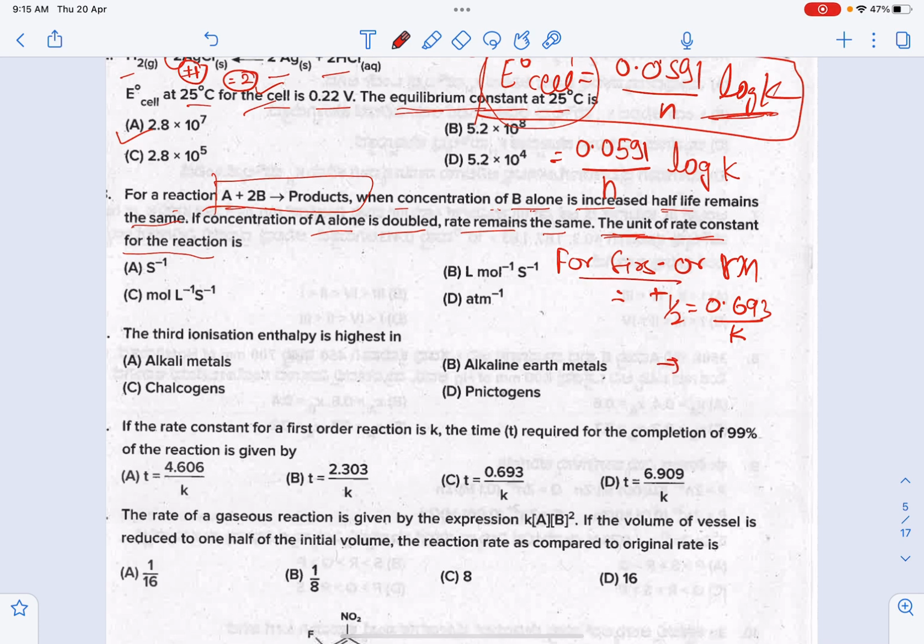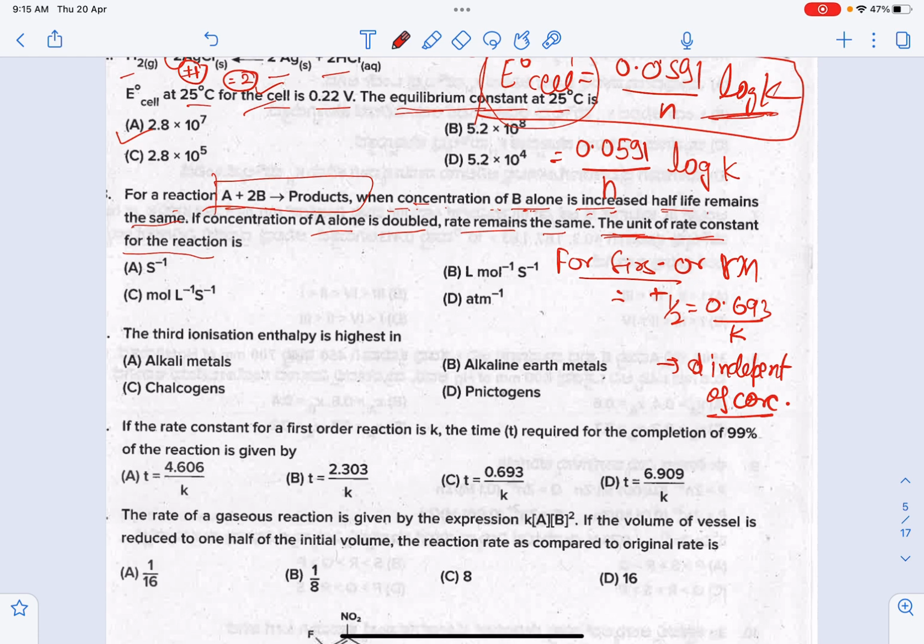That means a first order reaction is independent of the concentration. That means the order of reaction with respect to B will be 1. Here it says that when the concentration of B alone is increased, the half-life remains the same.